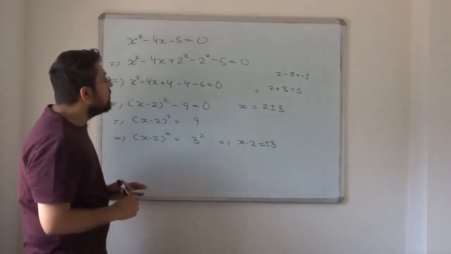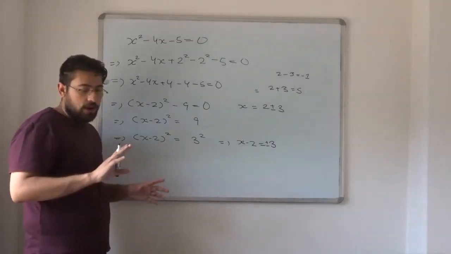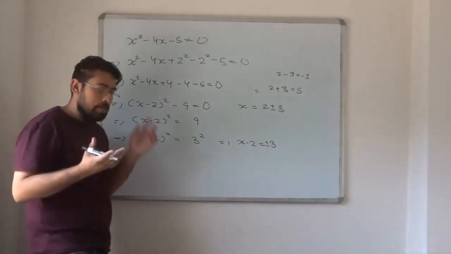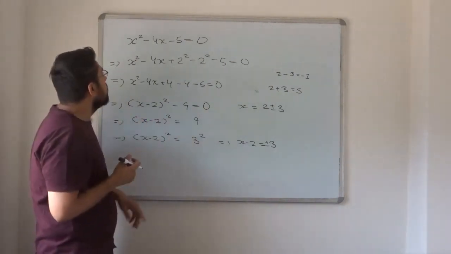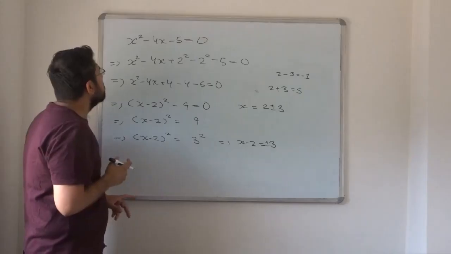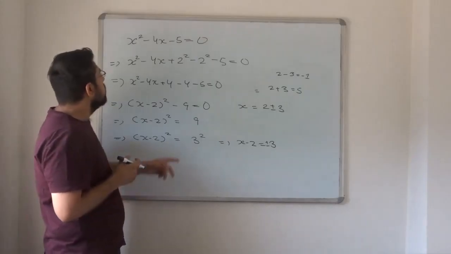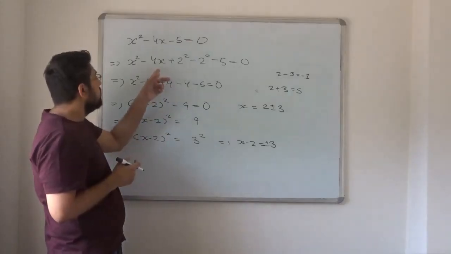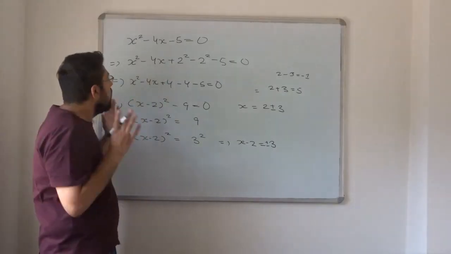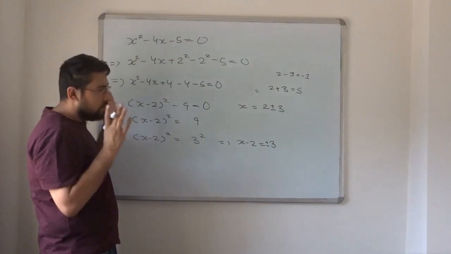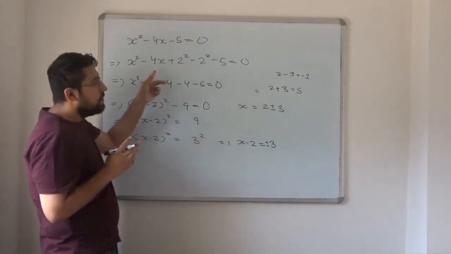Now let me tell you one more thing before I go to the next example. I feel I probably missed out a few things. Whenever you have to complete the square, you always look at the number in front of x. You have to find half the value of whichever number is here.